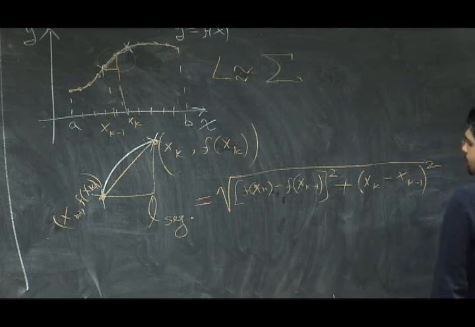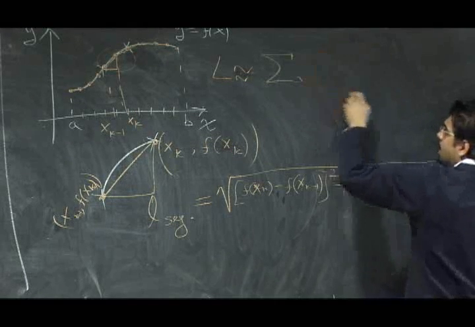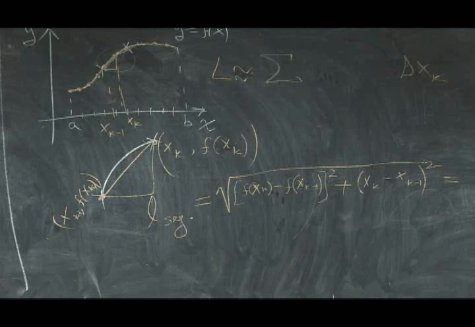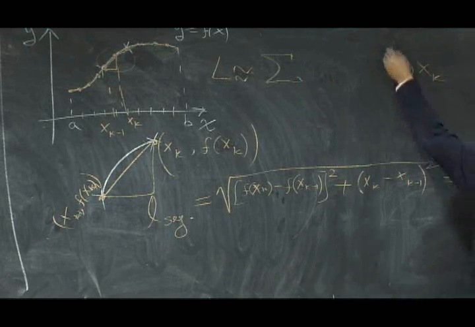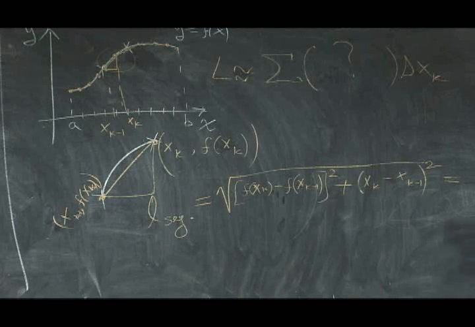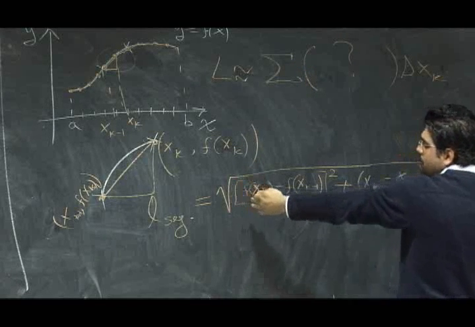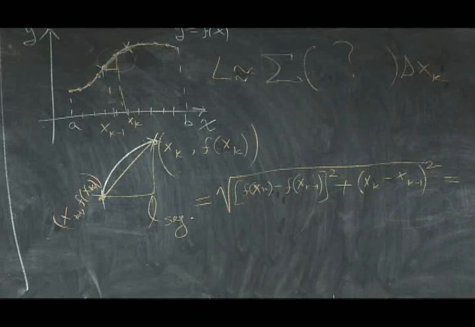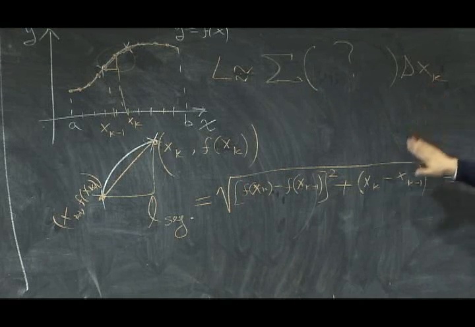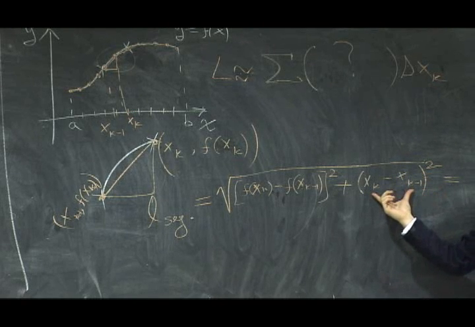I want the integrand and I also want a delta x. Let's write down what I want: delta x k, say. And I know that this whole thing with the delta x has to be my segment length, because I'm going to add them all. So how do I get delta x k from this expression?